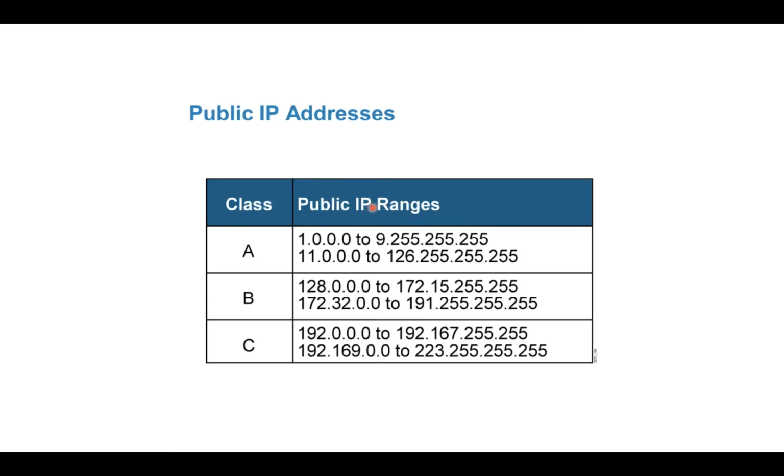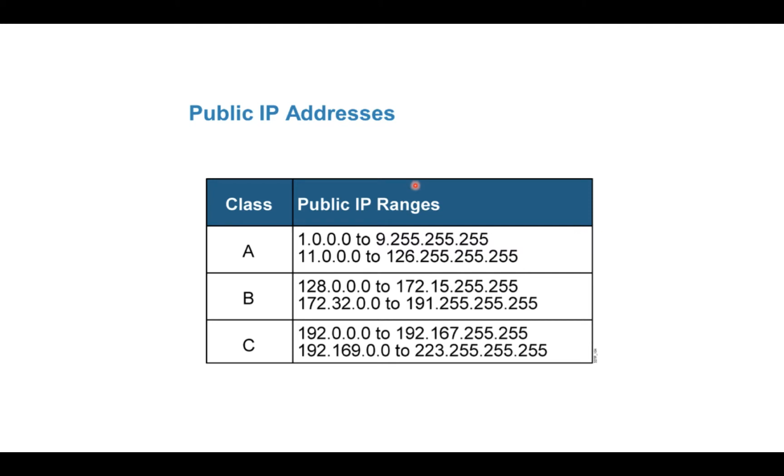Public IP address. There are two kinds of IP addresses we use in a network. One is private, in other words local IP address, and the other is public IP address. All IP addresses we have seen in the previous slides were local IP addresses. The reason for using public and private IP addresses is that there are almost billions of devices using the internet, and IP addresses have already started running out.